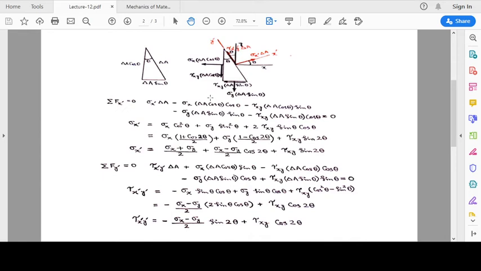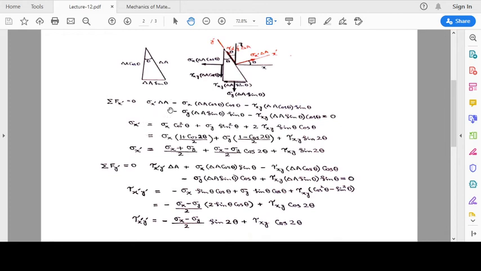So the component is going to be minus tau xy delta A sine theta into cos theta. So this is our equation in x direction, the equilibrium force equation in x direction, summation Fx prime equal to 0.